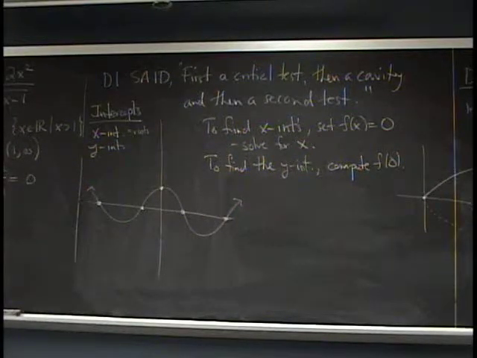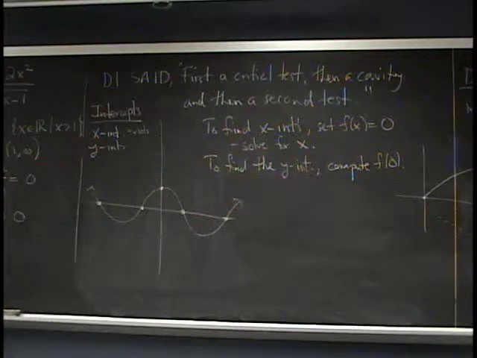It's the only time. So, since there's no x in the denominator, this is the same as saying 2x squared equals 0. And from here you should see pretty quickly there's only one value of x that's going to do it, when x is equal to 0. So there's only one x-intercept in this case.